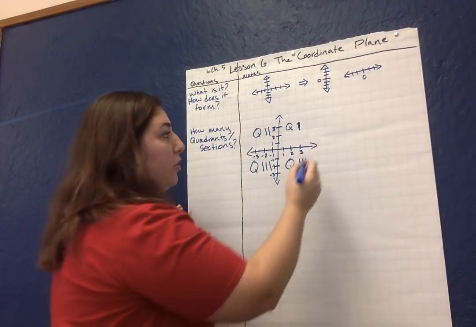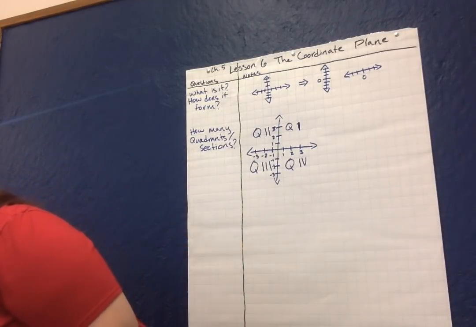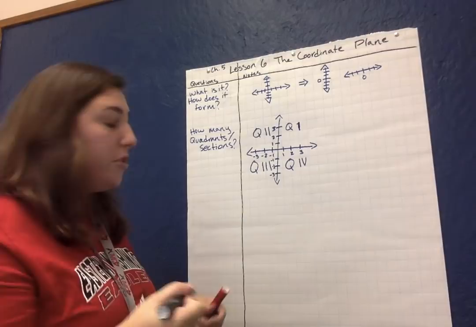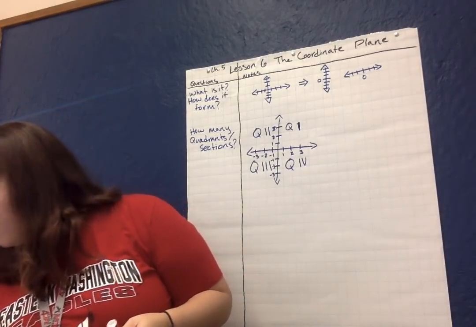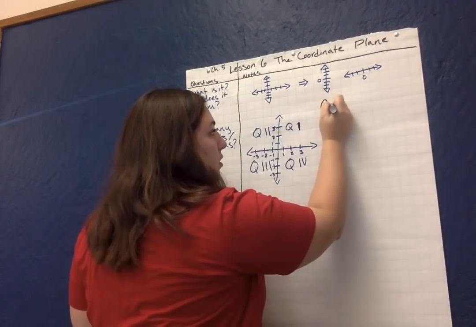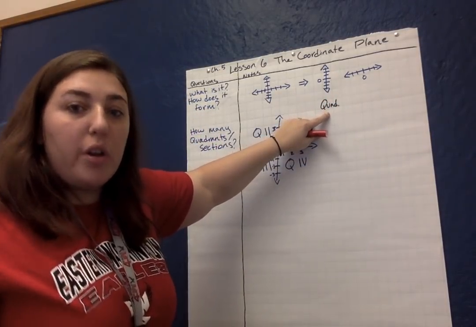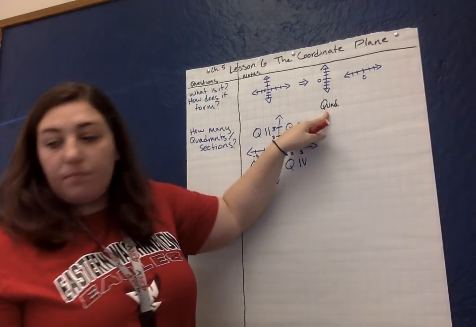Okay, so let's make a little chart. Alright, so our chart is going to have the quadrant number. Okay, and I'm just going to write that kind of short, quad.